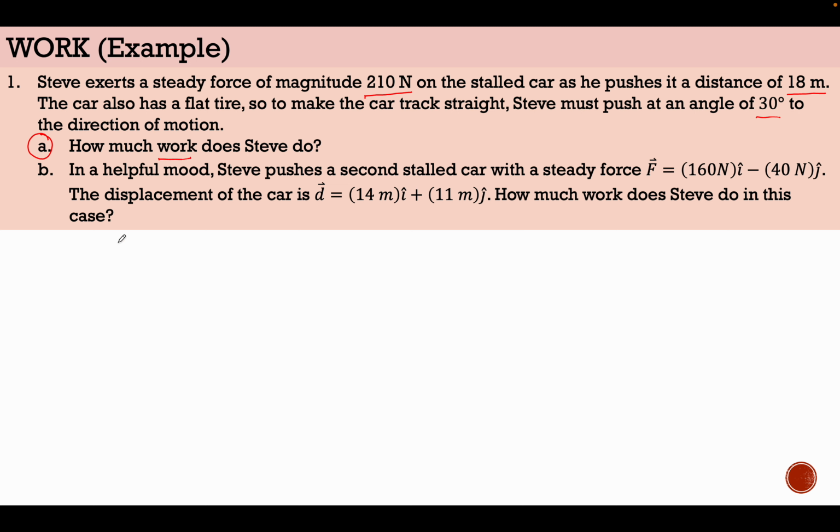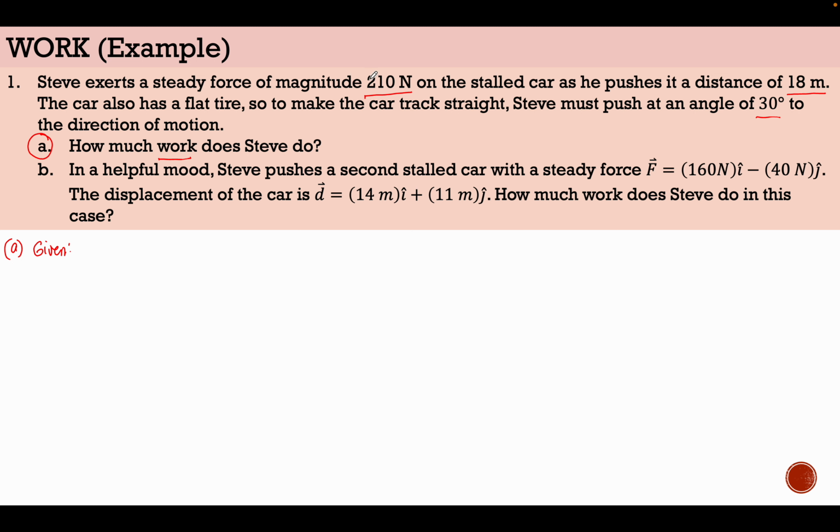For letter A, we need to solve for the work done by Steve on this stalled car. Before we proceed in solving for the work done, we will first write all the given values provided by the problem.